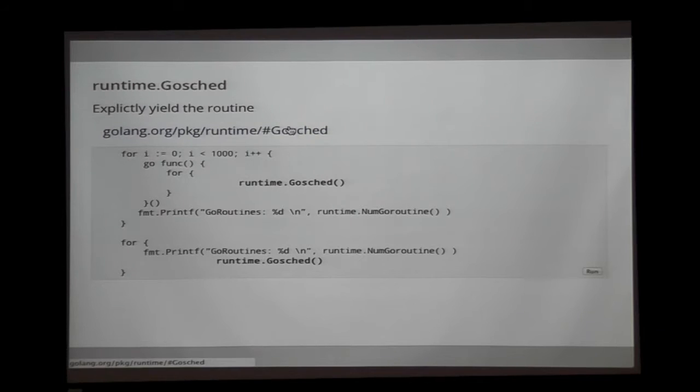There is another function inside runtime, Gosched, that yields inside the routine. Adding this line inside each routine, it will loop, yield, and loop again.